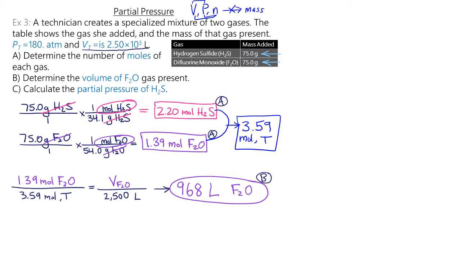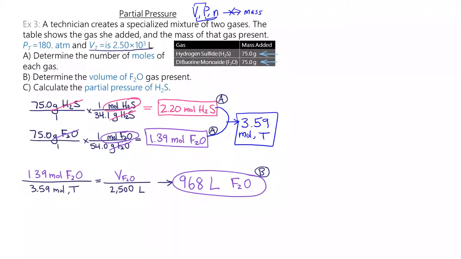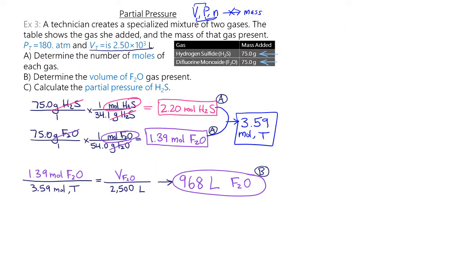Part C is asking us to determine the partial pressure of the hydrogen sulfide gas. So the same thing would apply, part over whole, except now we're using the total pressure of the system. We have 2.20 moles of H2S over a total number of moles of still 3.59.